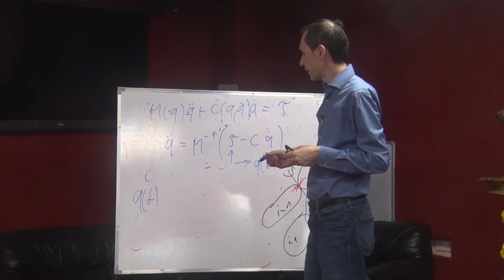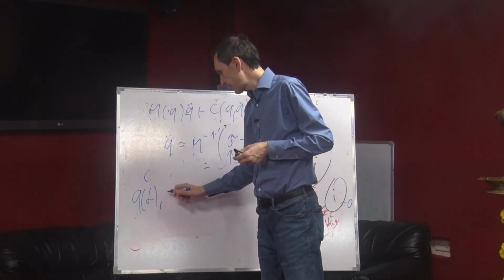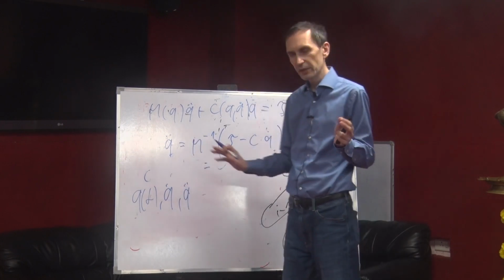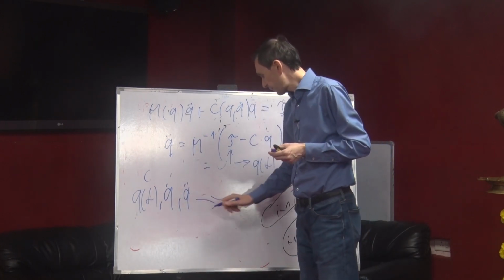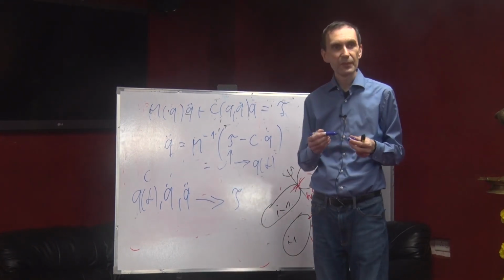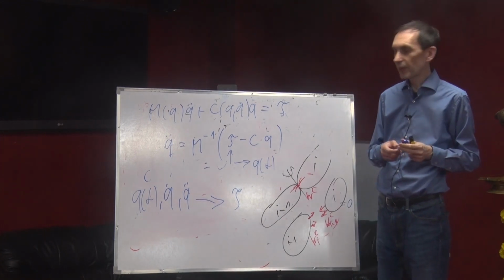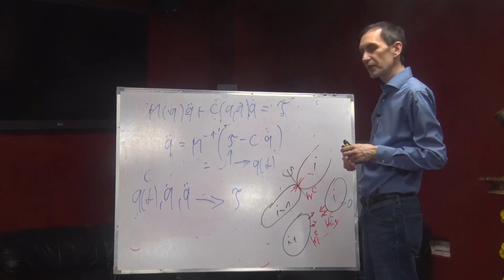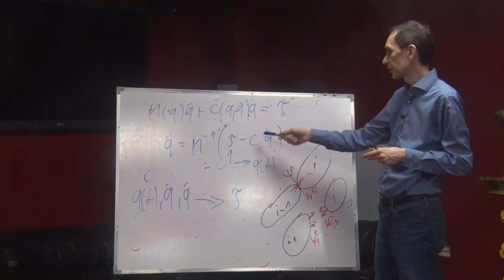If you have q of t, you also have q dot and q double dot. Out of this, I would like to know the torques that I need to actuate my system so that it performs the motion that I want. And that's much easier than solving the equations.